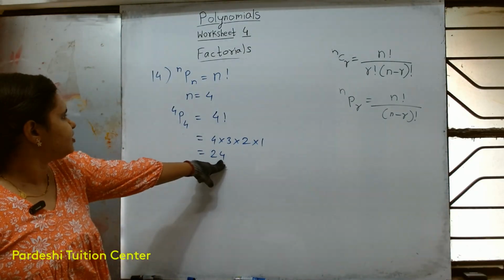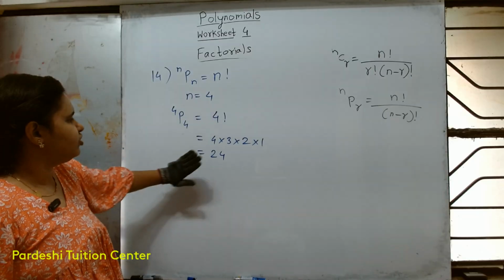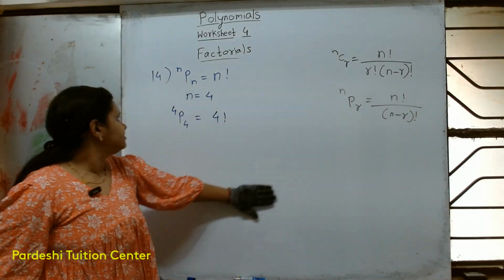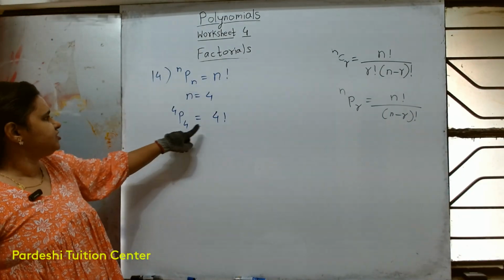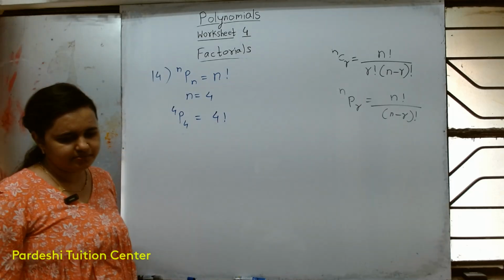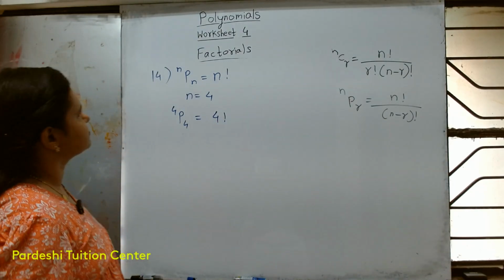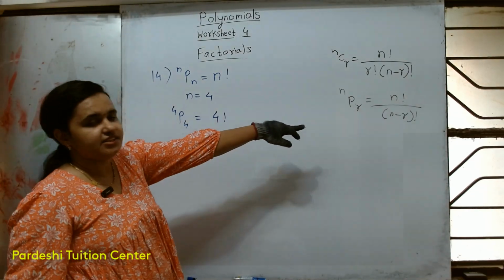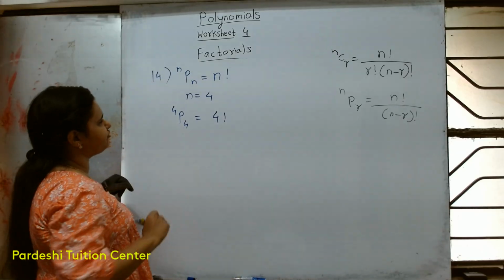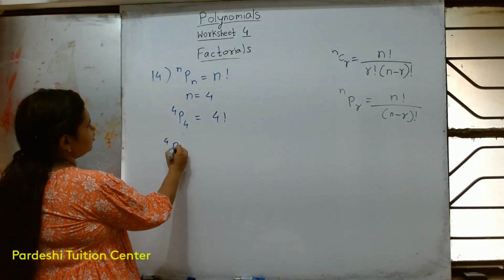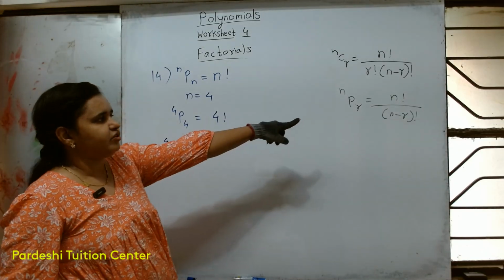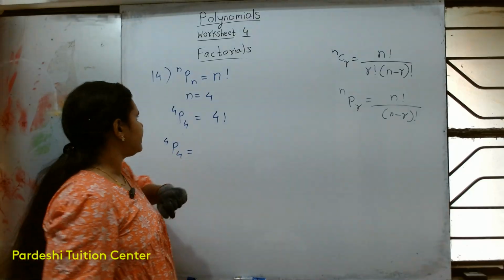So 24 is coming. We don't have to calculate this, just see here, 4P4 equals 4 factorial. We have to put it in that formula. According to that formula, 4P4 equals n factorial upon (n minus r) factorial.